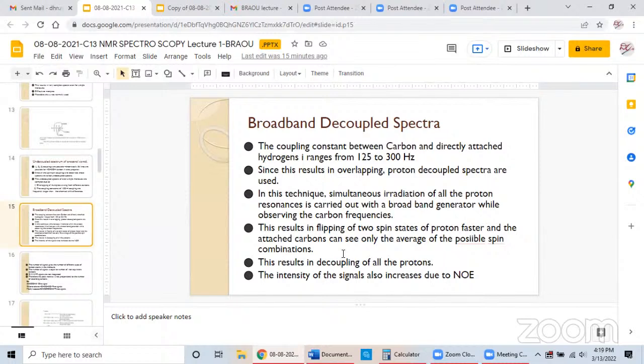You have studied NOE in proton NMR too. Different protons which are undergoing faster excitation, being irradiated, are near a carbon, and that carbon can give up its energy, which will increase the signal intensity. So because of the NOE in broadband decoupled spectra, the carbon signal intensity also increases, which makes the interpretation and identification of different carbons present in the molecule very easy.